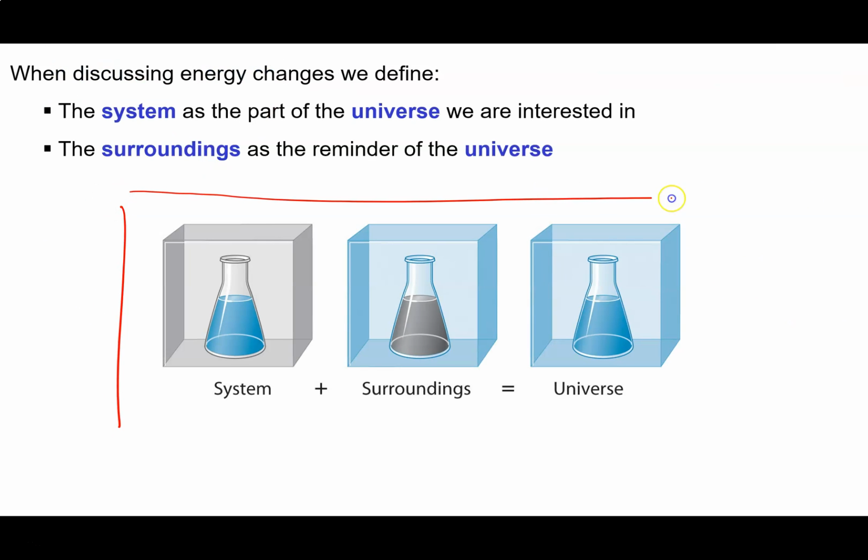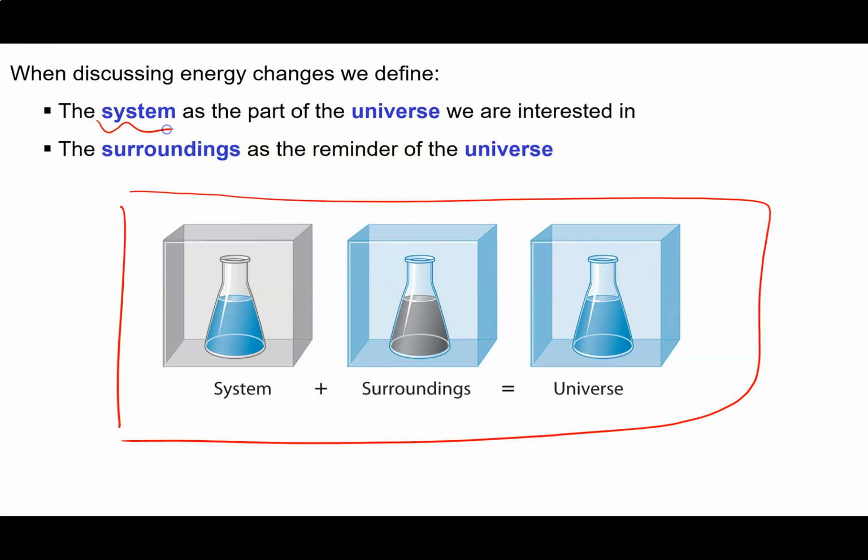So we've got our basic units defined, and we've got some basic terms about different types of energy: kinetic energy, potential energy, thermal energy defined. Some other things that are important to define are what we mean by the system and the surroundings.